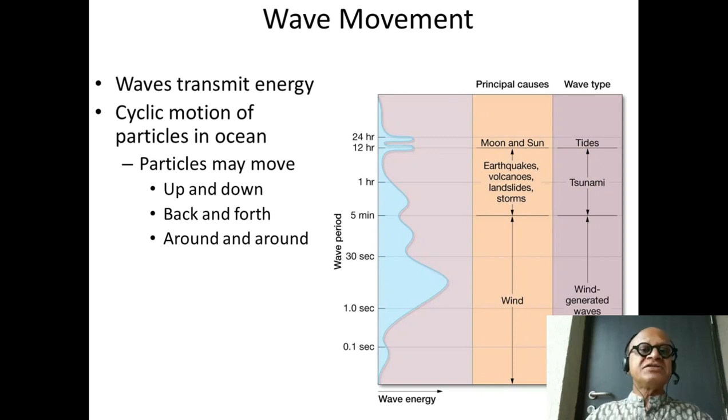Everybody knows tides, and they are waves as well, and they are mostly forced by the moon's gravitational pull. Even though the sun is much more massive than the moon, the distance to the sun is much greater, so it turns out that on Earth tidal forcing is much stronger by the moon, and we know that tides occur in diurnal time scale, semi-diurnal time scale, and mixed time scales, and so on.